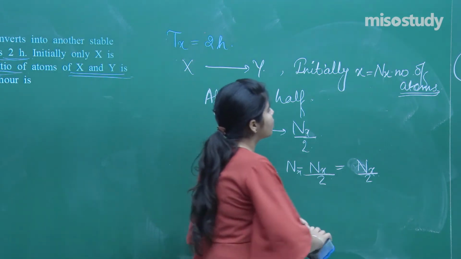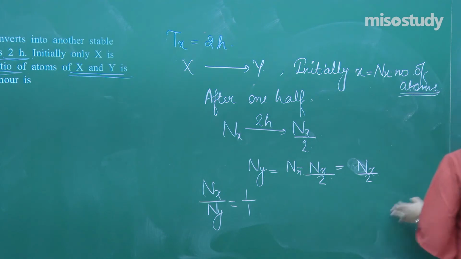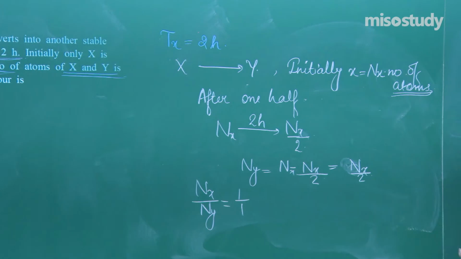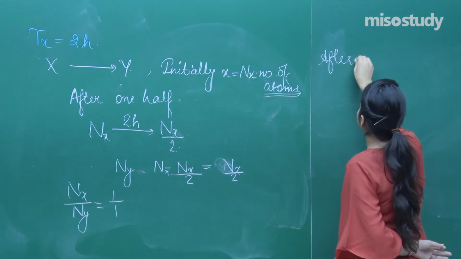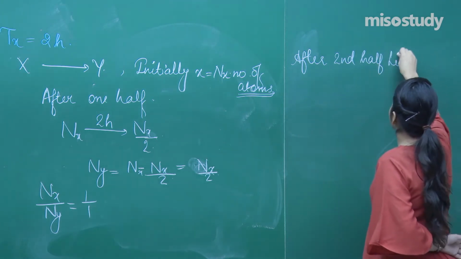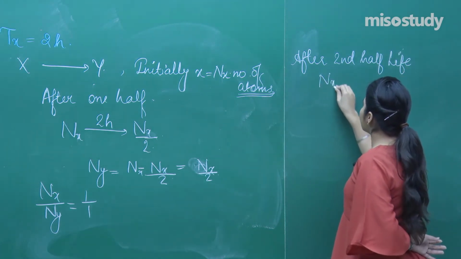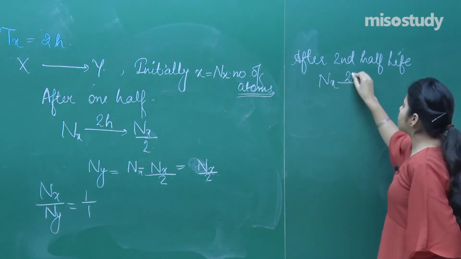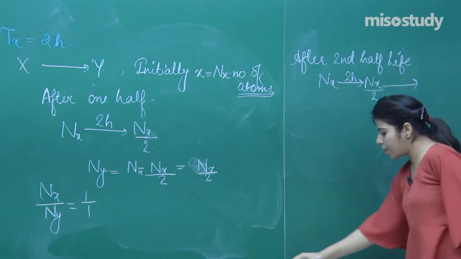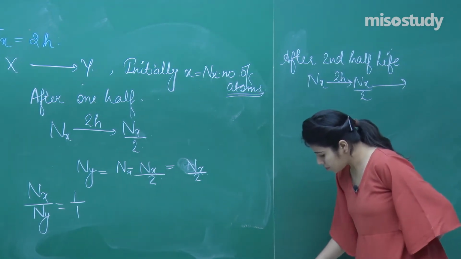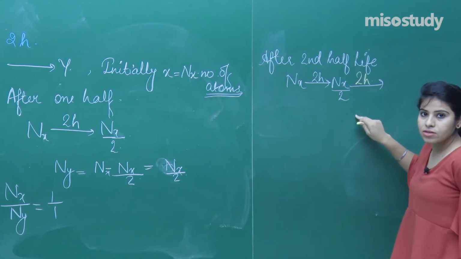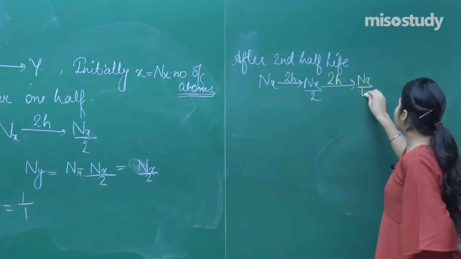Now let me check for another half life. After the second half life, what will happen? Earlier it was Nx. After one half life, that means after 2 hours, it has become Nx by 2. Again after one half life, another 2 hours, it will become half of this, so it will be Nx by 4.